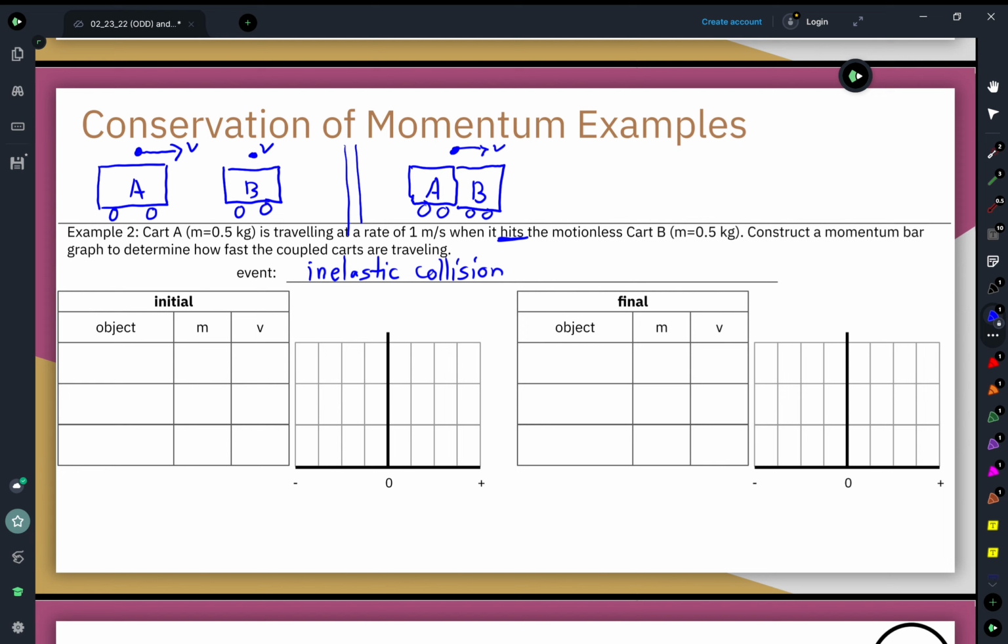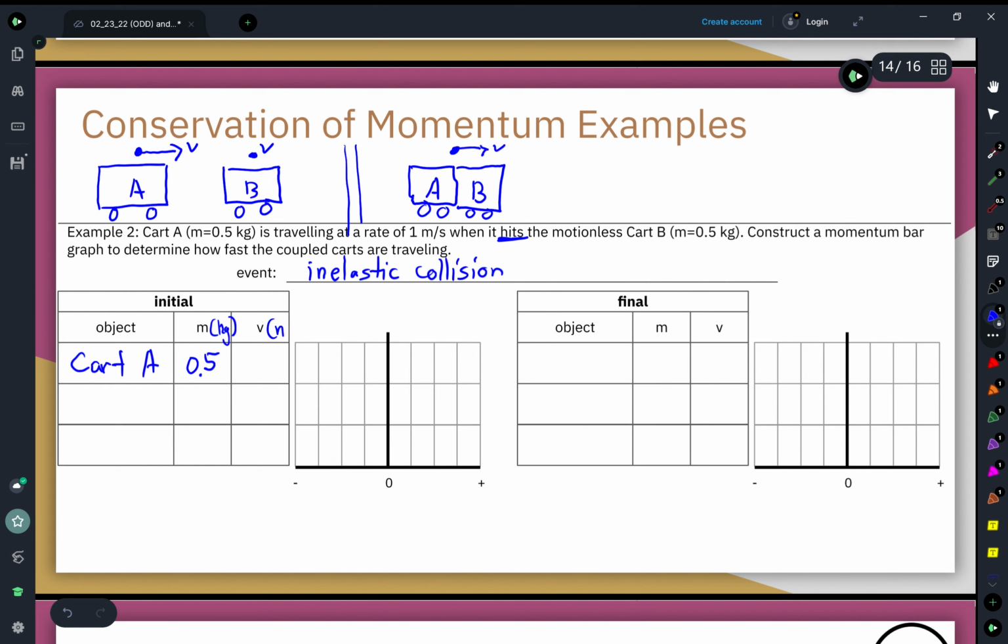Then after that, we're going to go to step 2, designate objects in the system by listing the object, its mass, and its velocity in the chart. Use variables for unknown quantities. Well, we are going to start off with cart A as our first object. Cart A has that mass of 0.5, and then all of these are going to be in kilograms.